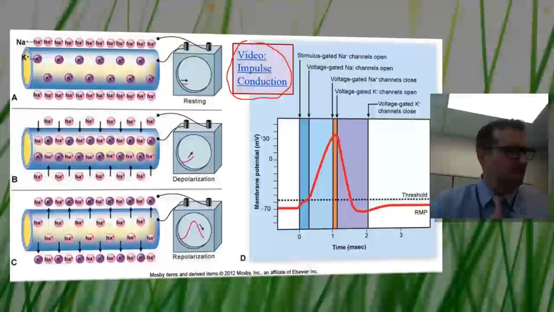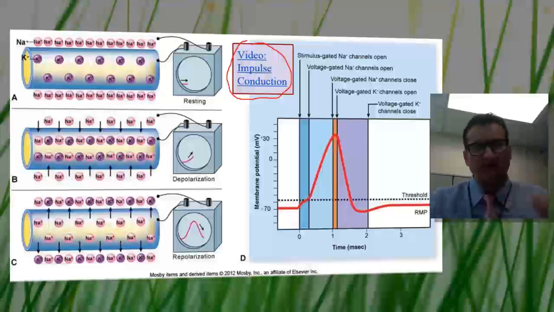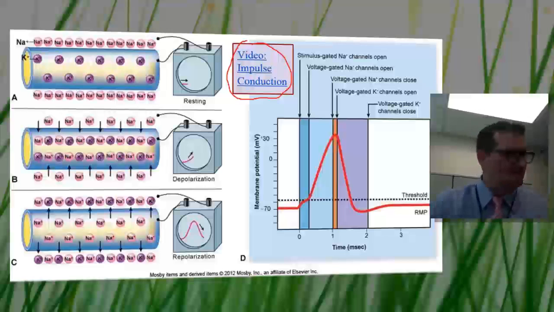In the body, whenever ions with opposite electrical charges are separated by a membrane, an electrical potential exists, and it's called a membrane potential.